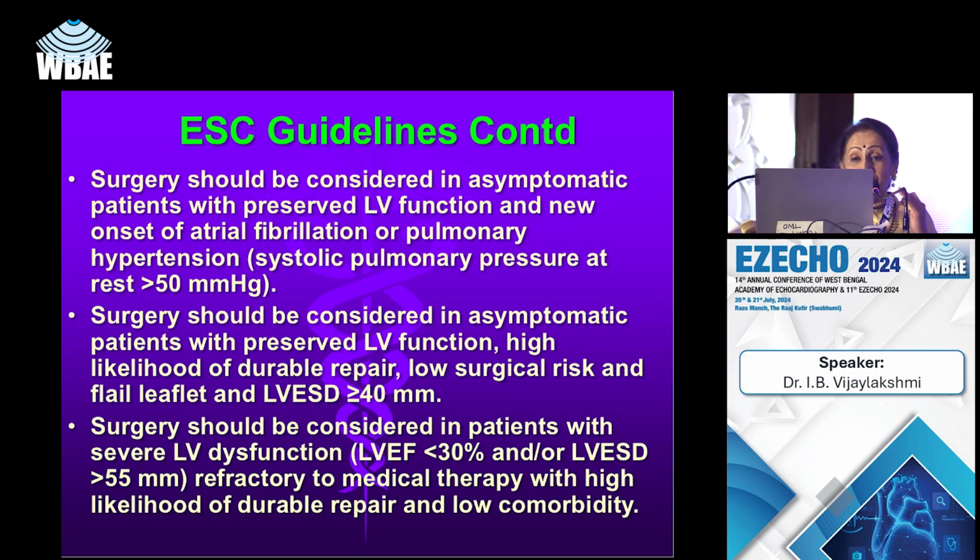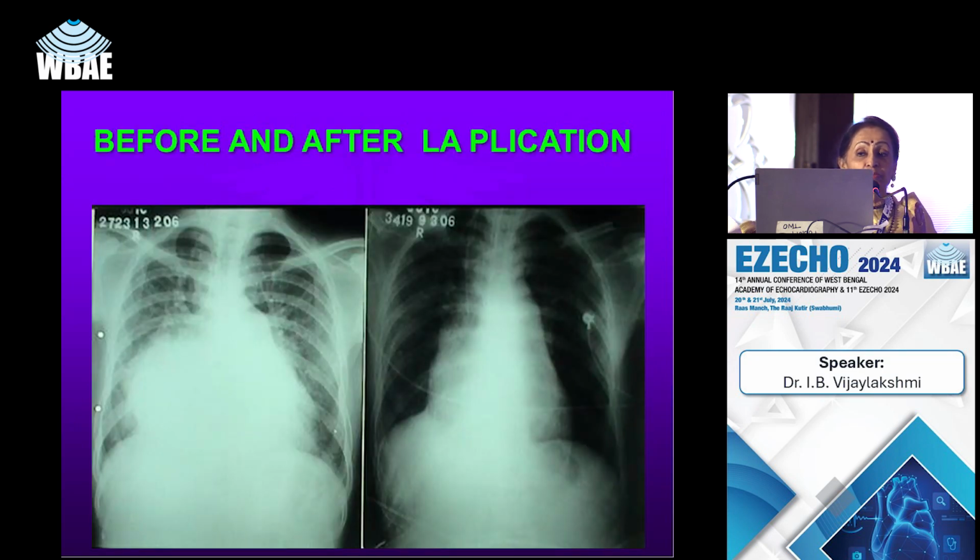And here, apart from the vena contracta, we have to look at the width, that is the ratio to the LVOT width, and that also has to be taken to decide about the aortic regurgitation severity.